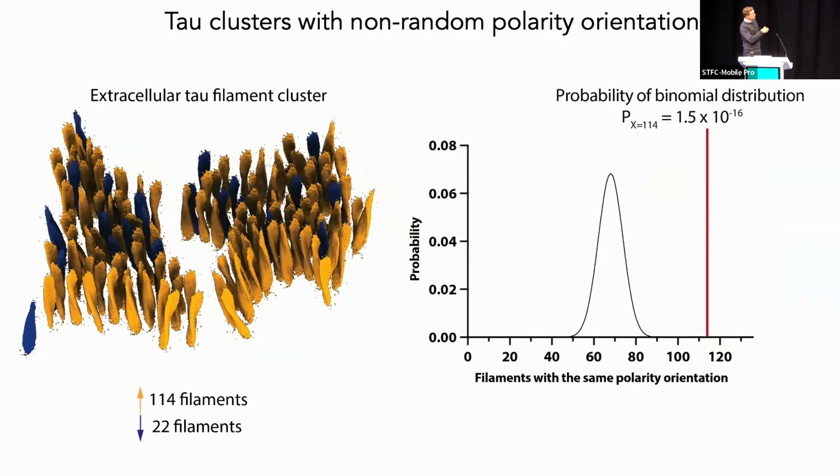The probability of getting this exact split due to chance is incredibly unlikely, 1.5 times 10 to the minus 16. So given how unlikely that is, it strongly suggests that this is a non-random organization, but must be being driven by an underlying biological mechanism. So that was really interesting.